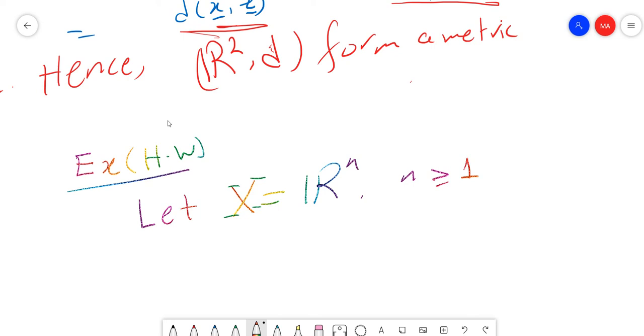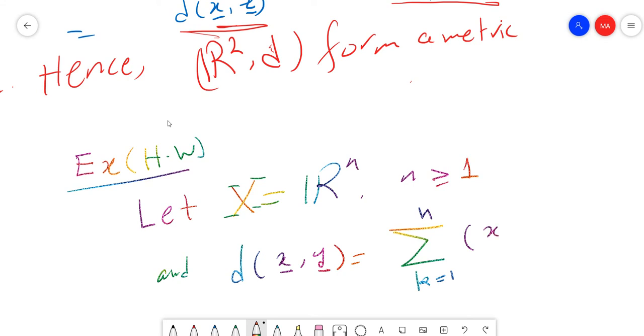Define d, the distance between the vectors x and y, by the formula the summation from 1 to n of (x_i minus y_i) squared, to the power 1 half.